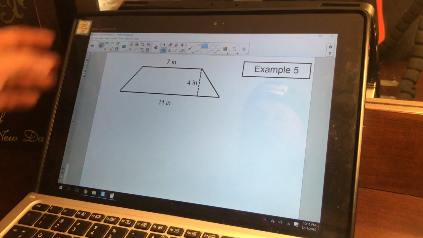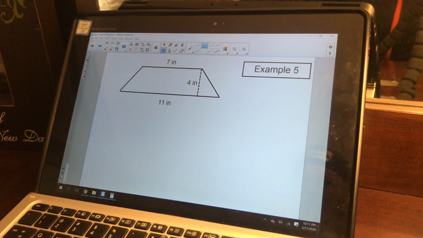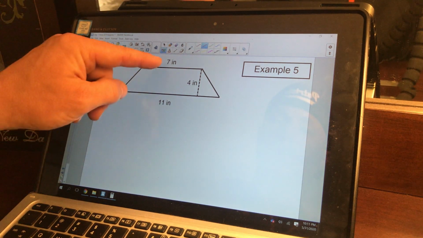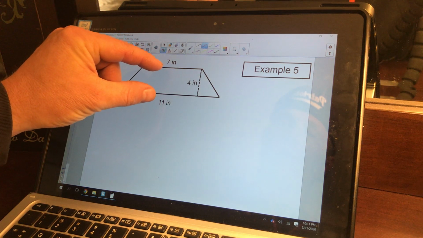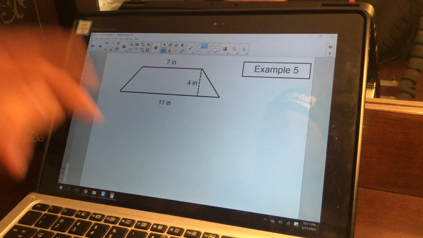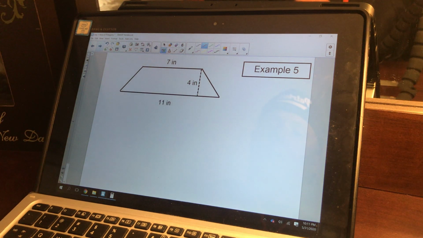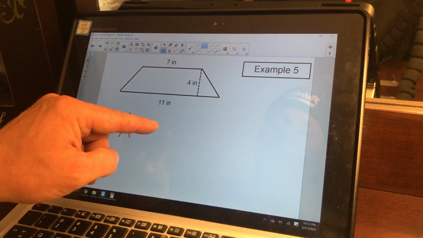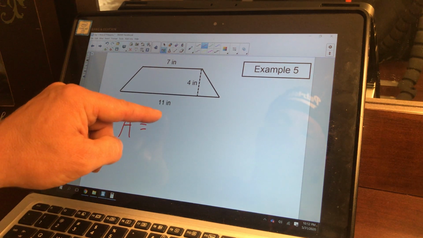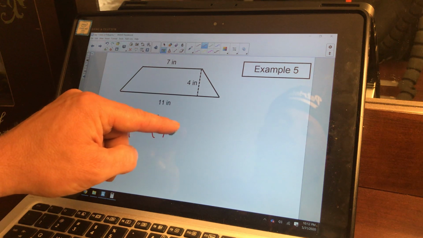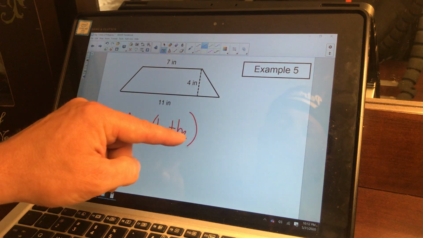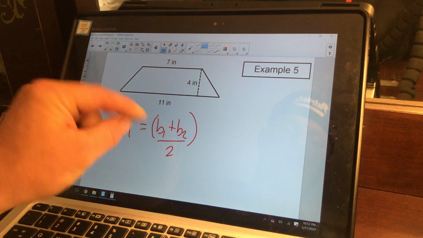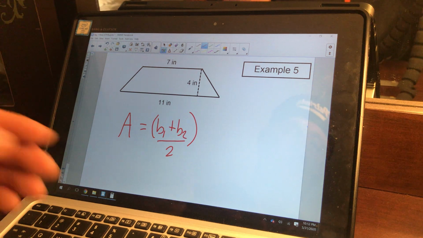And the last one, have a nice trapezoid here, awesome. So here's what a trapezoid is. We have two parallel sides that are not equal to each other. This angle's in, this angle's in. Think about the formula here with me. It's going to be base 1 plus base 2 divided by 2. So the top and the bottom, add those together and divide it by 2. Pretty much find the average of those.